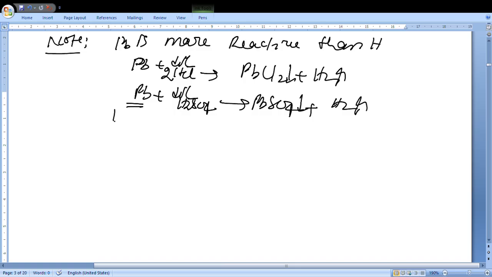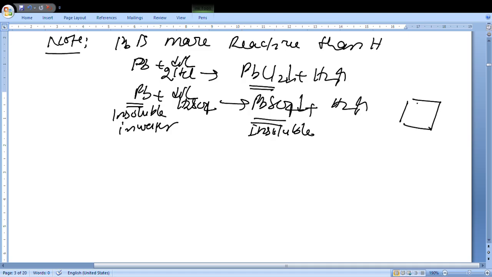The Pb is insoluble in water and the formed chlorides and sulfates are also insoluble in water. So what will happen? The first layer of Pb will react. The next layer will not react because there will be a coating of either PbCl2 or PbSO4.